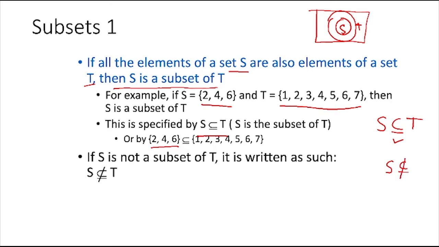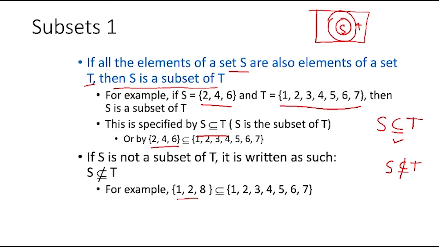Then this is S is not a subset of T. For example, if any one element is not there, like 8 is not there, in this case S is not a subset of T. It's only the notation part, and obviously you can understand these things very easily.